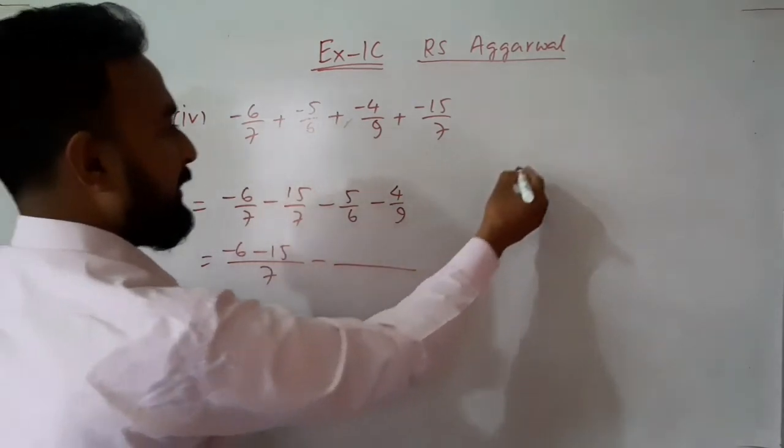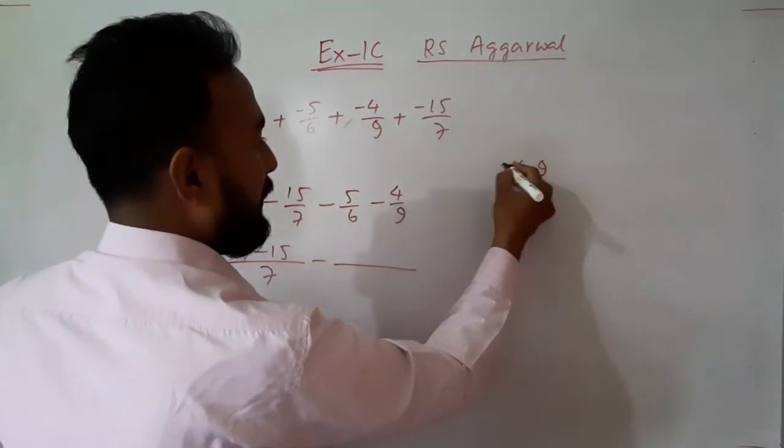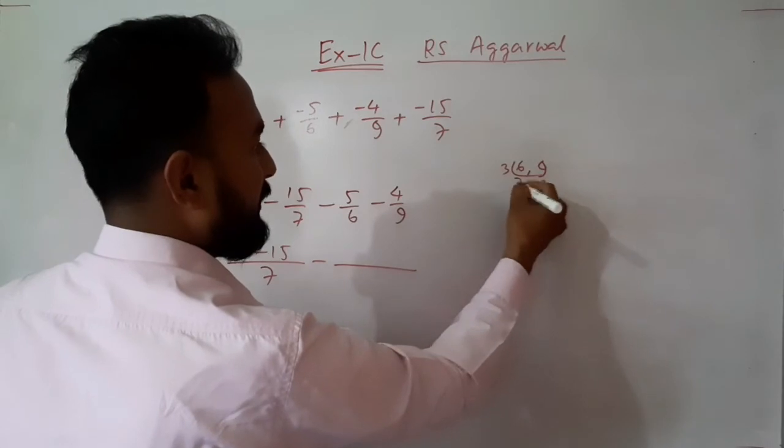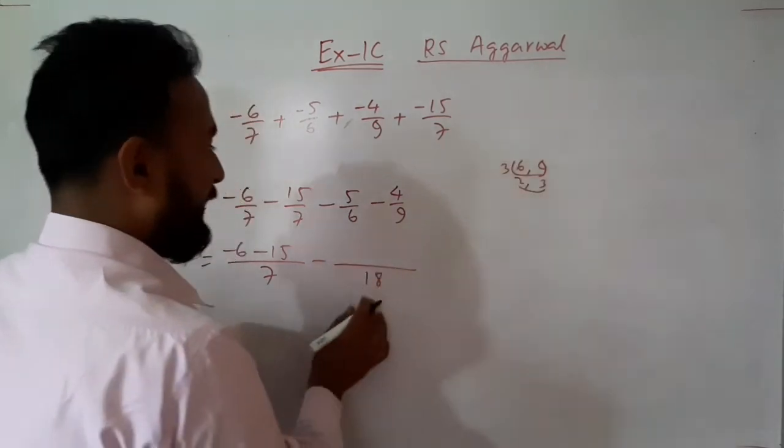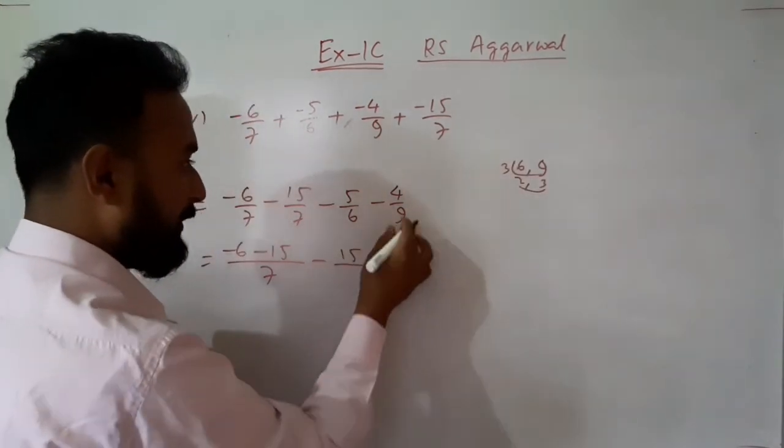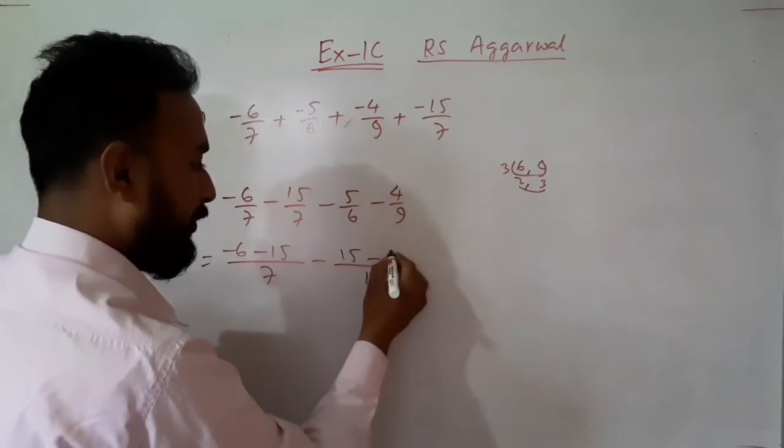The LCM of 6 and 9 is 18. 3 times 6 is 18, 3 times 5 is 15 minus, and 2 times 4 is 8.